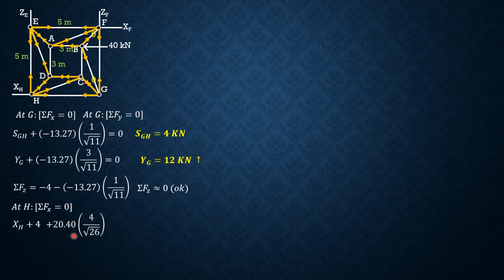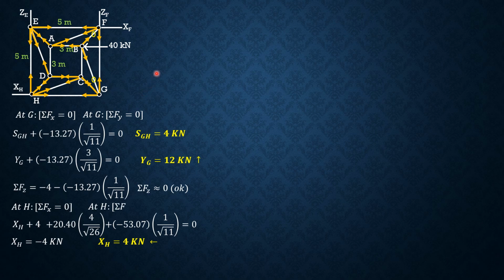CH is 20.4 times component of distance 4 over square root of 26, plus DH, which is negative 53.07 times 1 over square root of 11 equals 0. So XH is equal to negative 4, so that means XH is 4 kilonewtons leftward. So 4 kilonewtons leftward plus 40 kilonewtons leftward is 44 kilonewtons leftward, and XF is 44 kilonewtons rightward. So it balances considering the entire system.